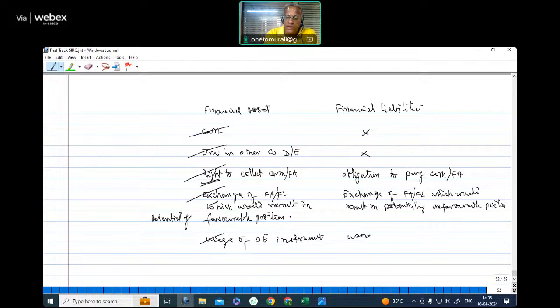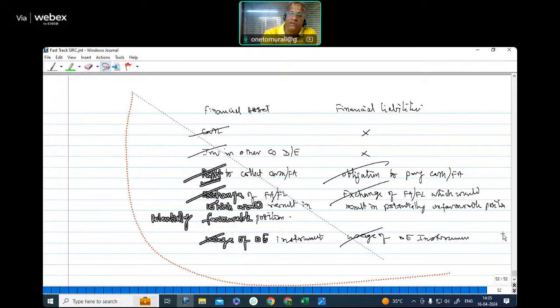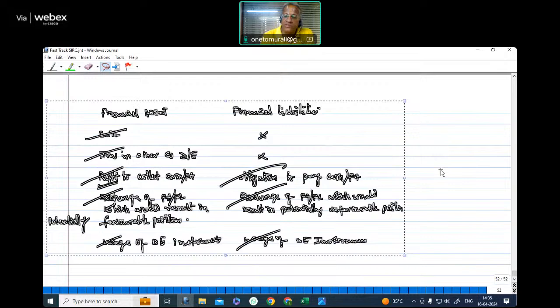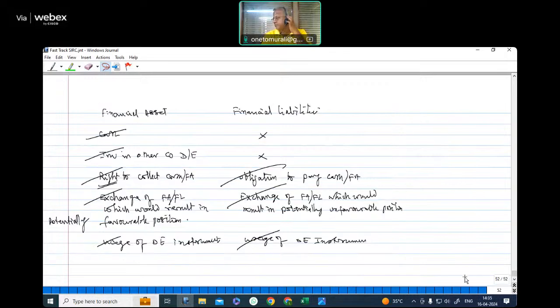Then usage of own equity instruments. So these two exactly match. Here also we would be having. So one can easily take up what could be financial asset and financial liabilities.